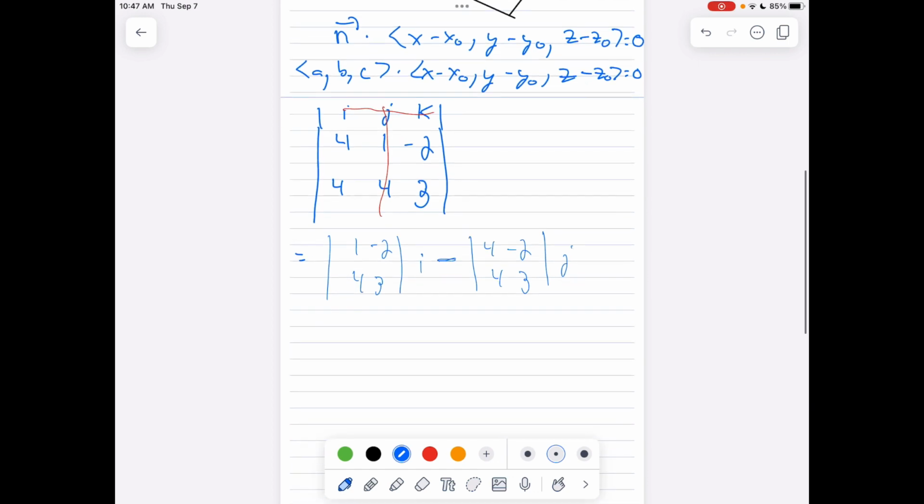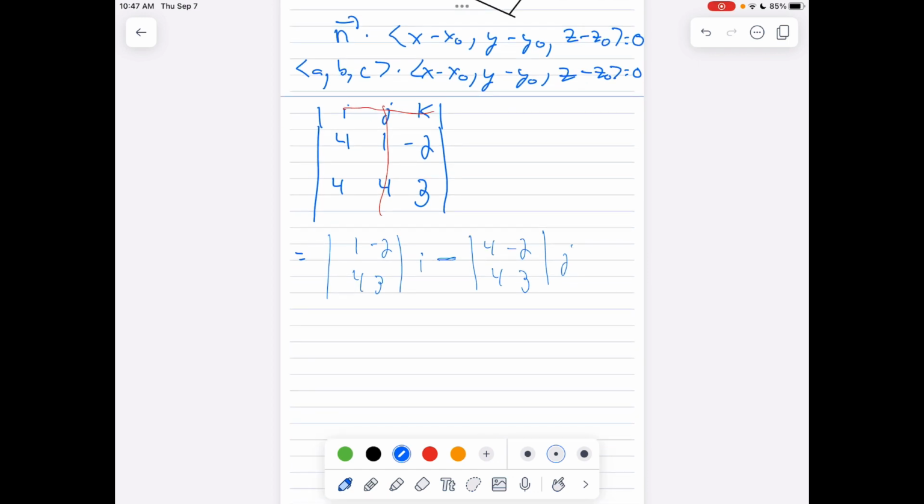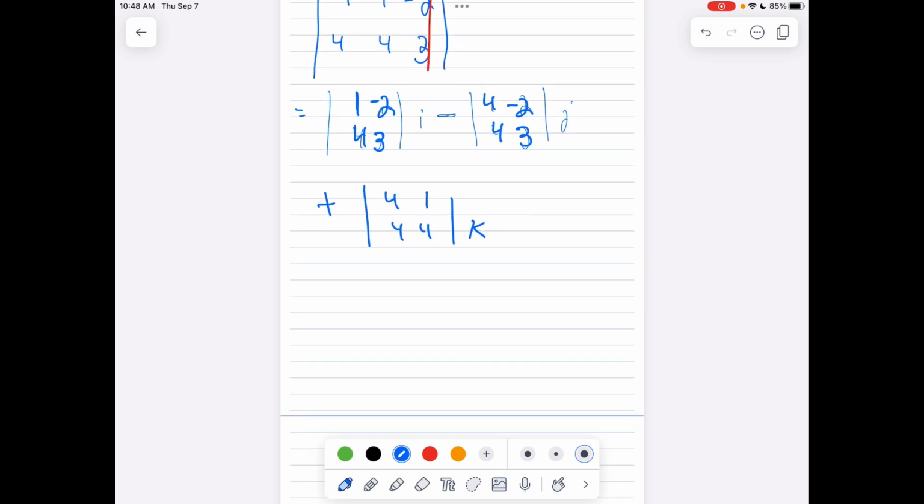Finally, for k, we cross out the row and column for k and write the numbers 4, 1, 4, 4. Sorry, those numbers might be a little hard to see. I do apologize, I don't have the best handwriting.